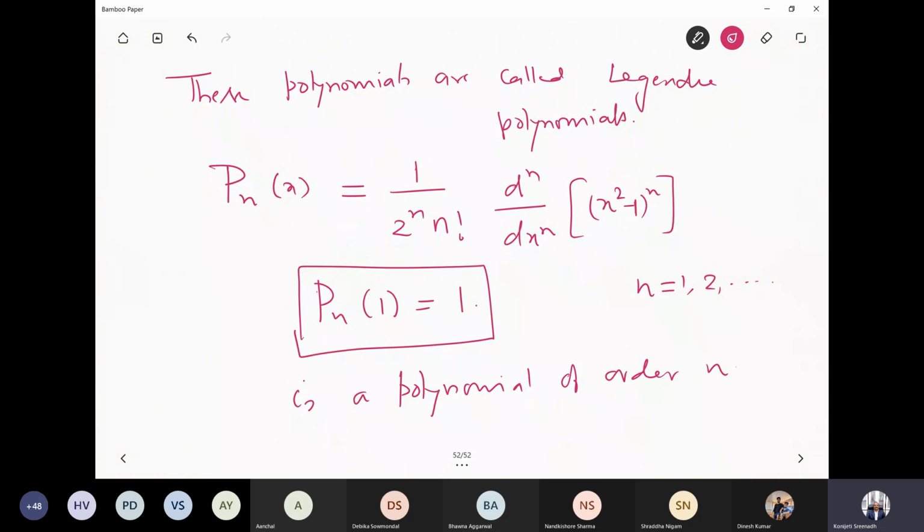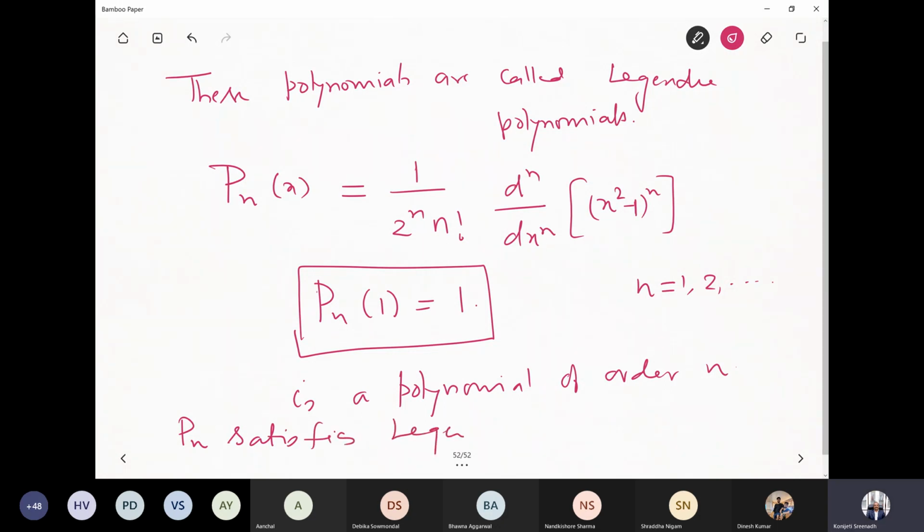Then you can expand it and in fact show that this Pn satisfies the Legendre equation. You can substitute in the equation.